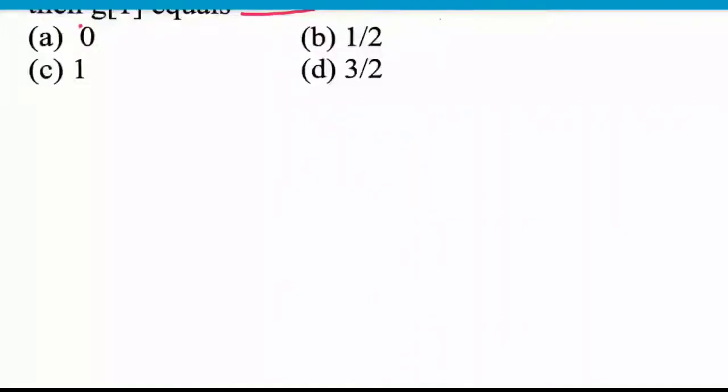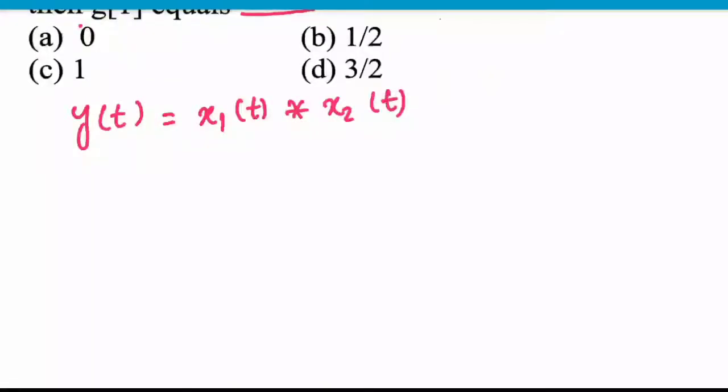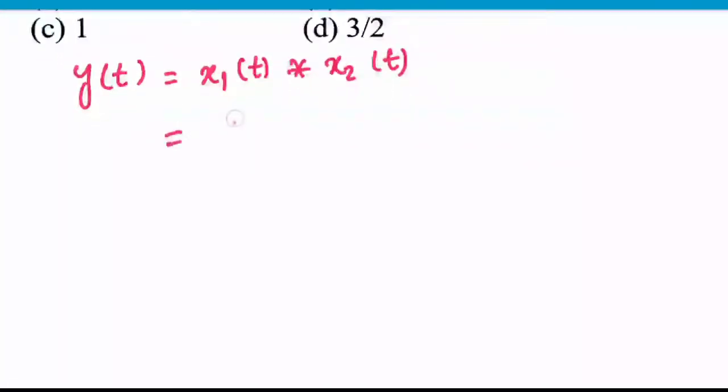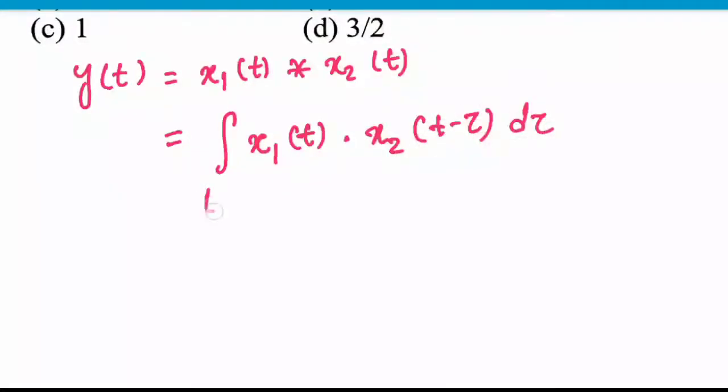In the case of convolution for continuous functions, the formula is: y of t is equal to x1 of t convolved with x2 of t, which is the integral of x1 of tau into x2 of t minus tau d tau, with tau going from minus infinity to infinity.